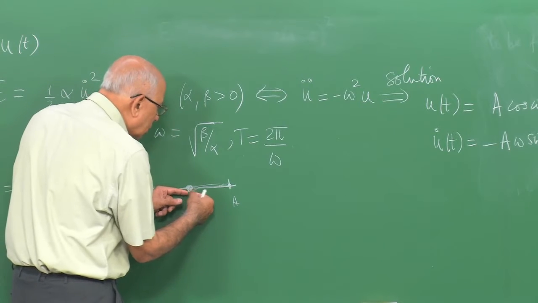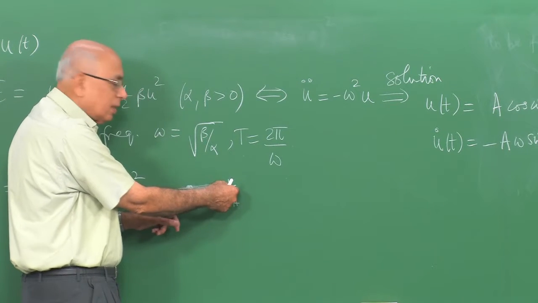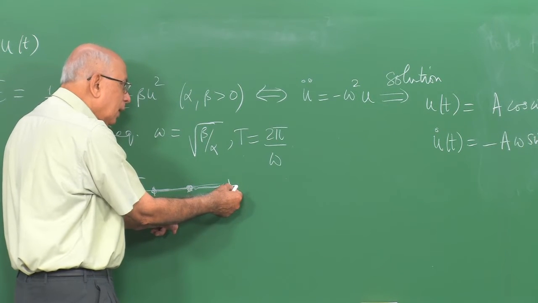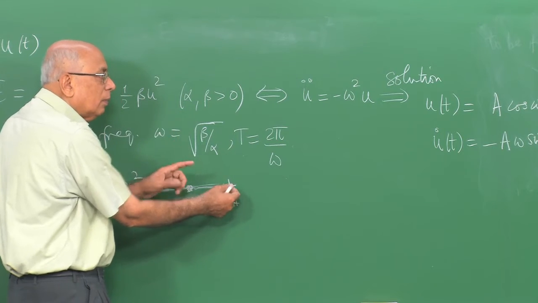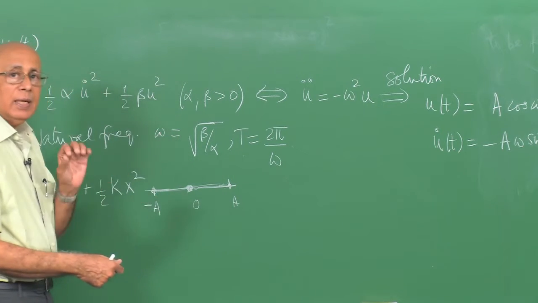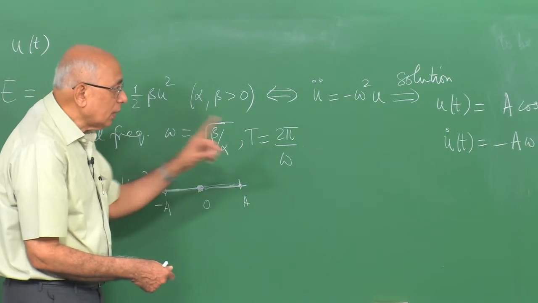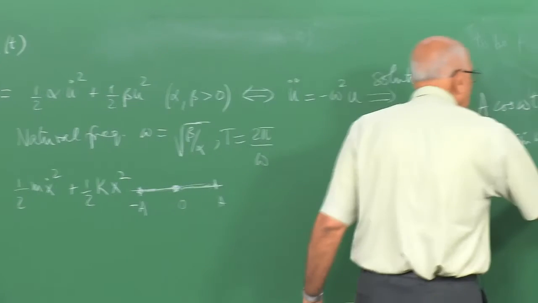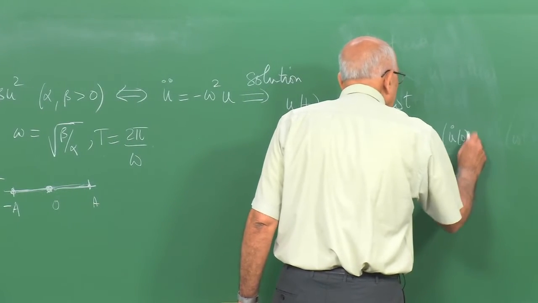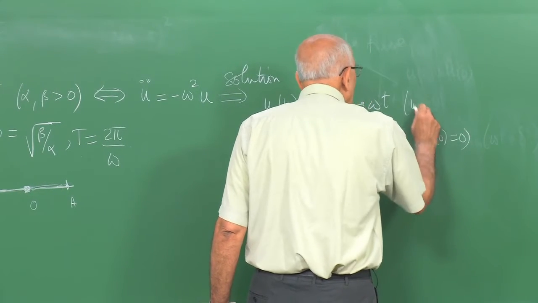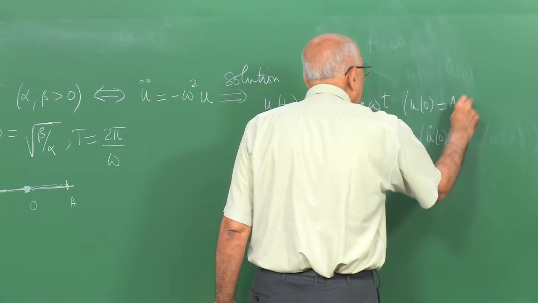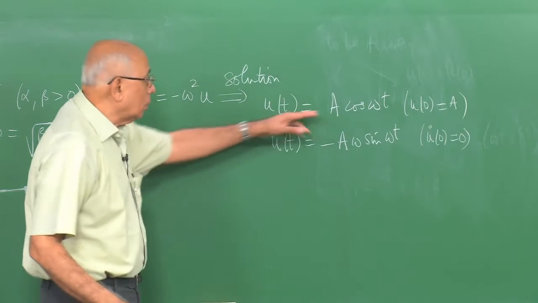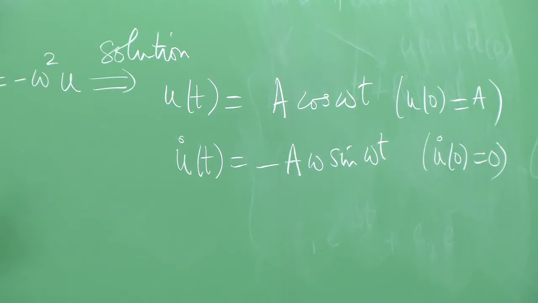So it is equivalent to stretching the spring to its rightmost extreme, to the end of its amplitude, and letting go with the mass initially at rest. So u dot of 0 is 0 and u of 0 equals a. This solution corresponds to those specific initial conditions.